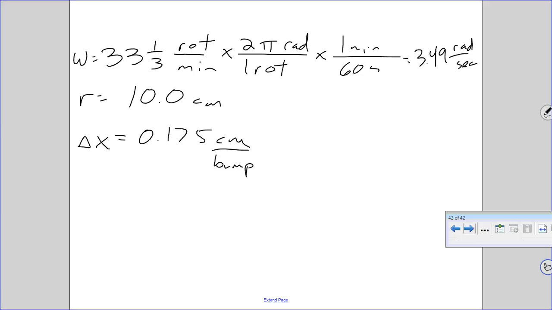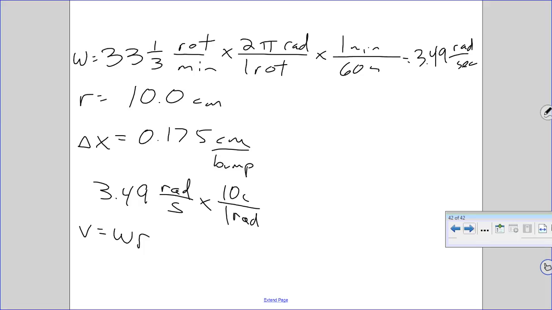Let's do this. We've got 3.49 radians per second, right? That's my omega, so I can do V equals omega R. Basically what I'd be doing there is multiplying by, what am I doing? 1 radian is the same as 10 centimeters, right? Does that make sense?